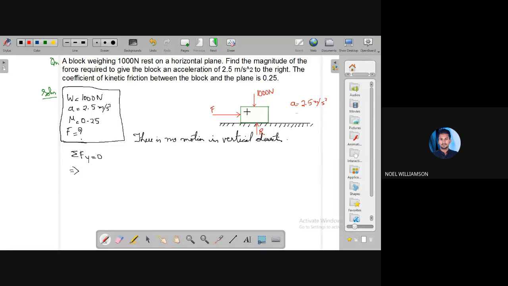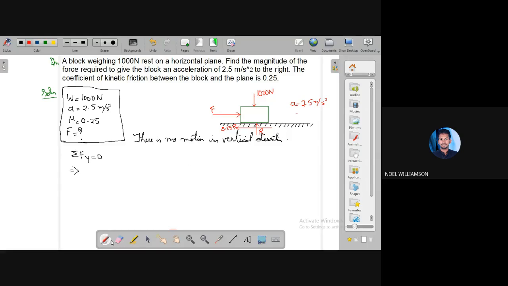The body is moved towards the right, so the friction will be in the opposite direction. This is the friction, which is equal to mu into R, and here mu is 0.25, so this is 0.25 R. That is the free body diagram.